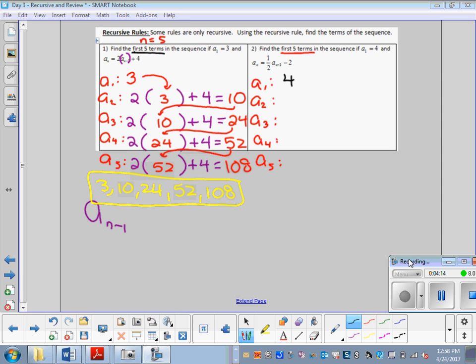A sub 1 equals 4. Is that just a typo? Yeah, that must just be a typo. Okay, so let's find the first 5 terms.